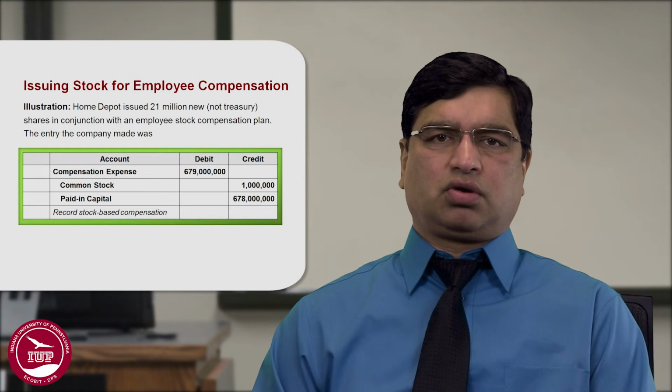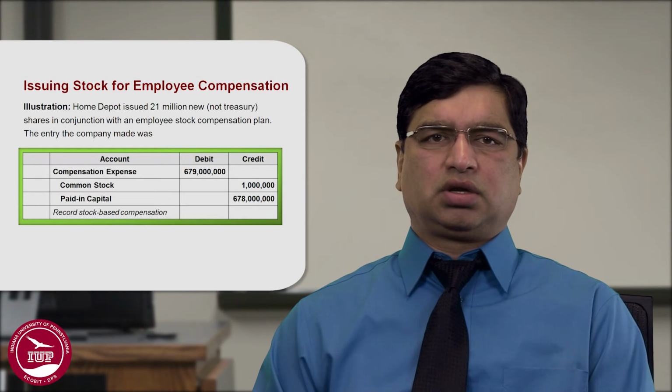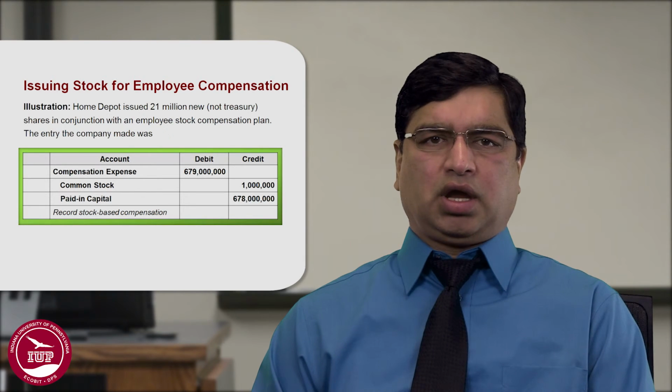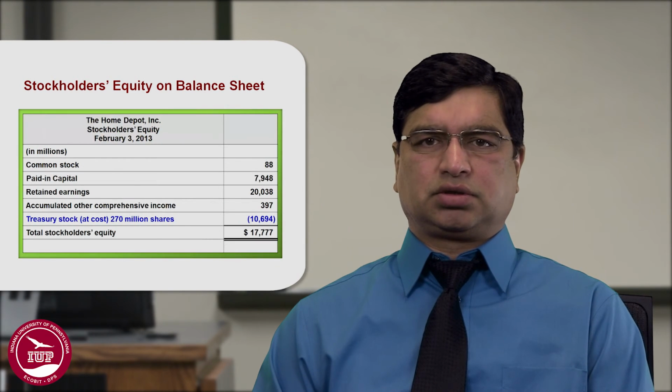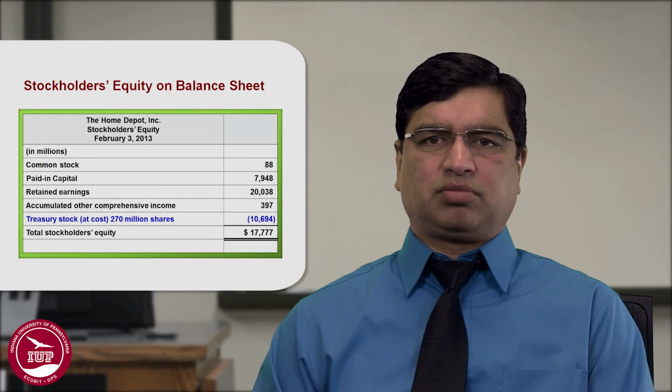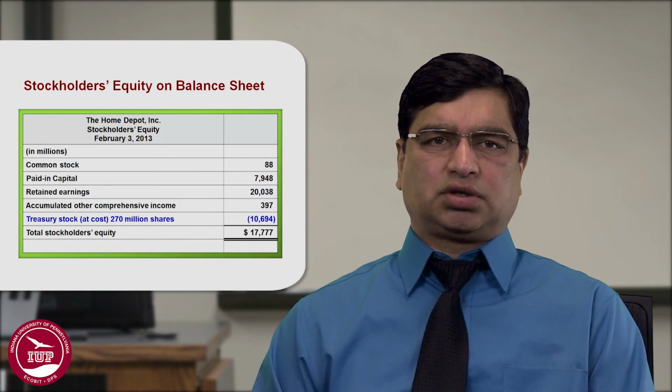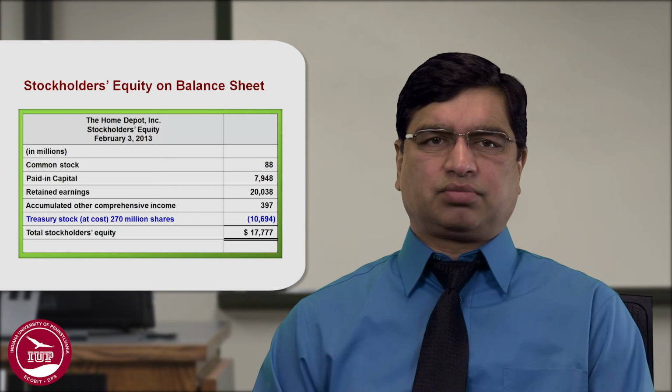So in this case, you've got the compensation expense at $79 million and common stock at $1 million. Paid-in capital goes to the balance, $678 million.